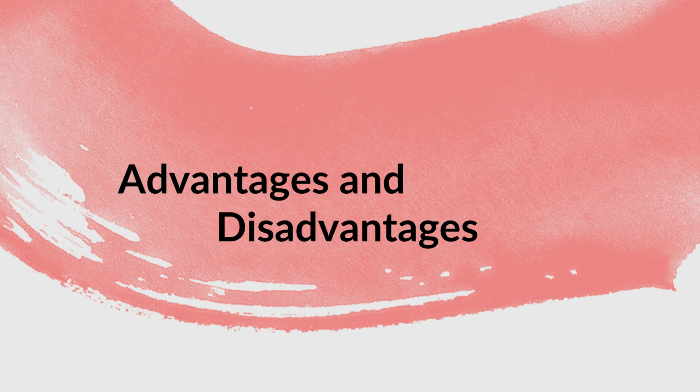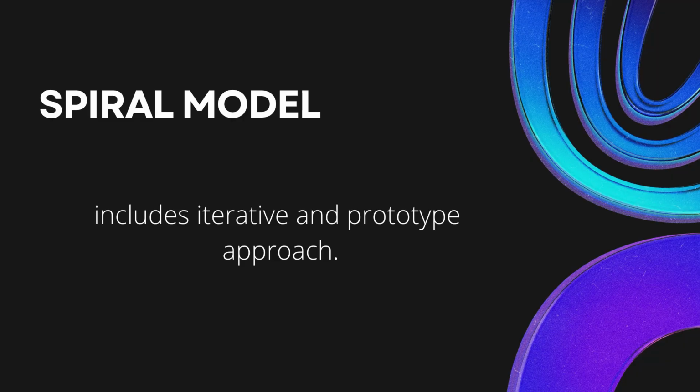Involvement of the customer from the initial stage reduces the confusion in the requirement or understanding of any functionality. But the disadvantage of this model is that since the customer is involved in every phase, the customer can change the requirement of the end product, which increases the complexity of the scope and may delay the delivery of the product. Next model is the spiral model.